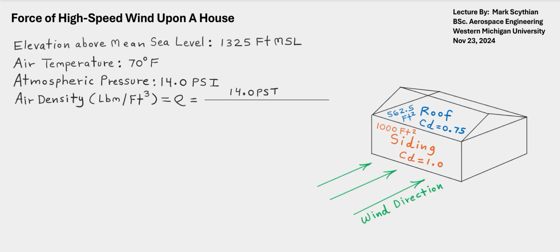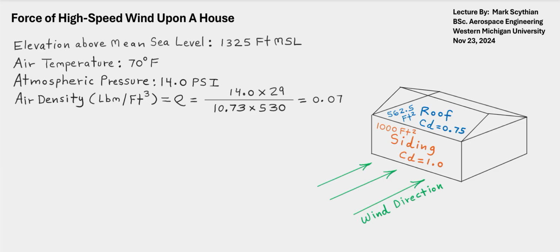So if we take this atmospheric pressure and multiply it times the molar mass of air, 29 grams per mole, then divide it into the ideal gas law constant for air, 10.73, times the absolute temperature in Rankine, so it's Fahrenheit plus 460, we can quickly calculate the pounds per cubic foot air density.